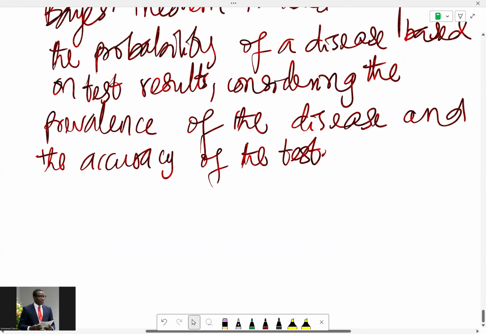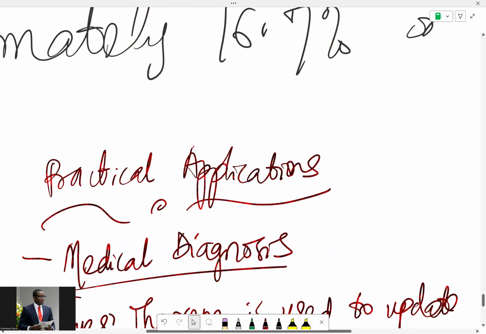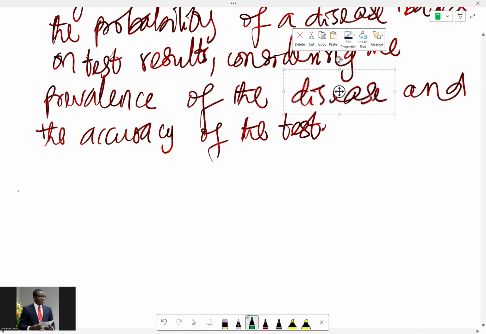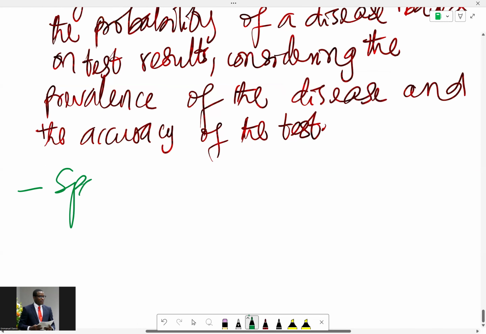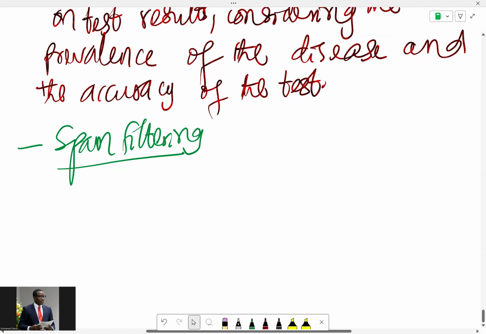Then we have that coming up also in spam filtering. I mean, it's a big issue with our email systems.